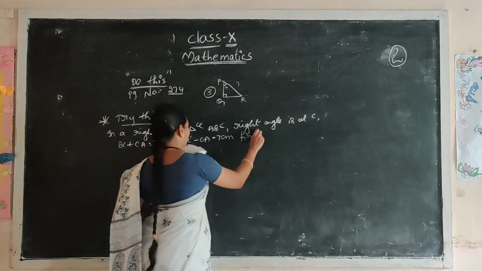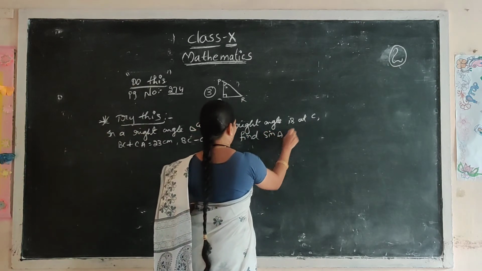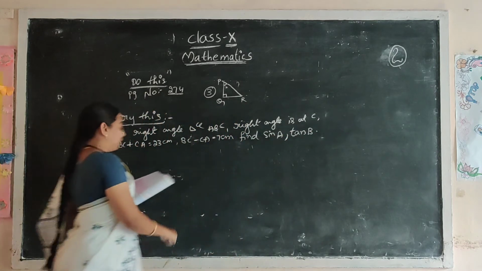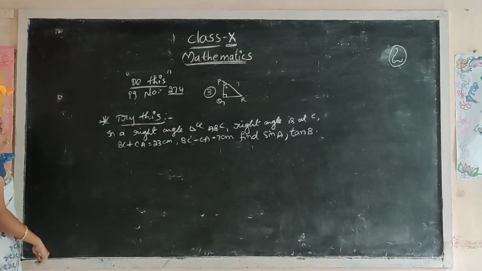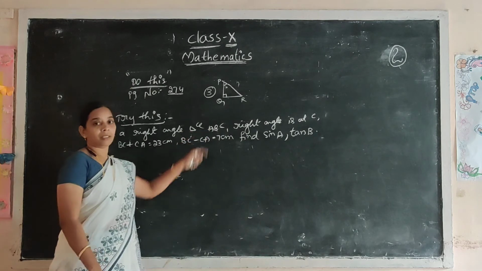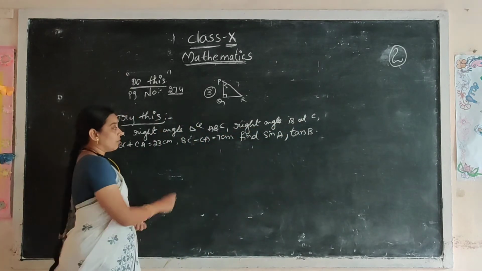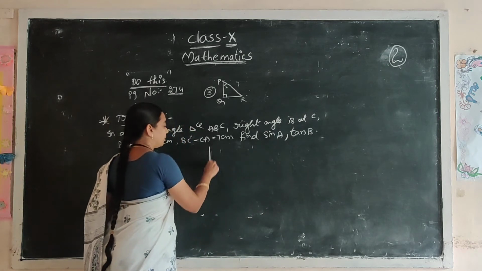Find sin A and tan A. See this question. In a right angle triangle ABC, the right angle is at C. So first of all, draw a right angle triangle.